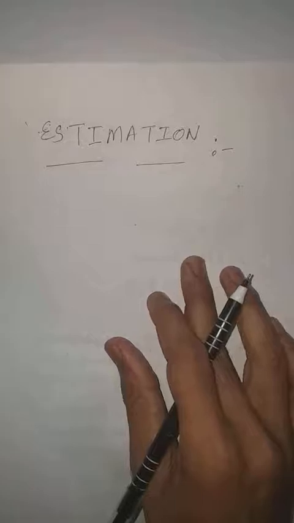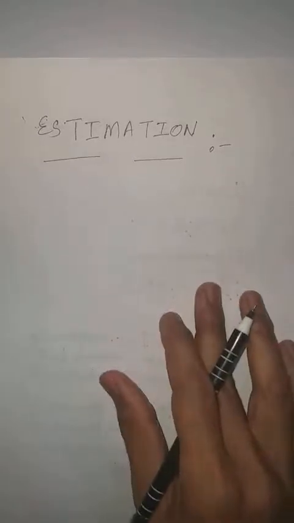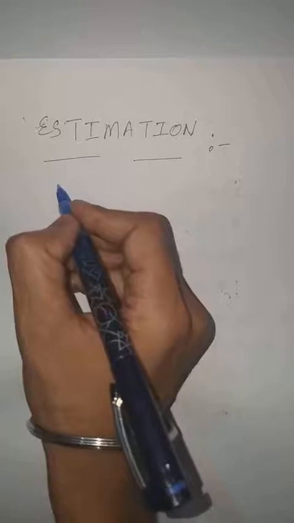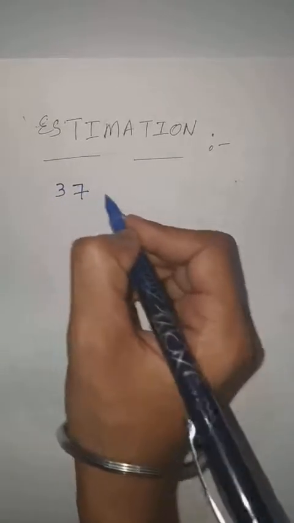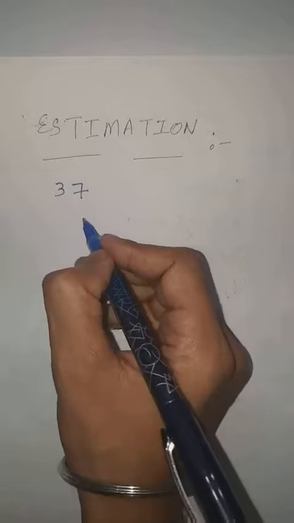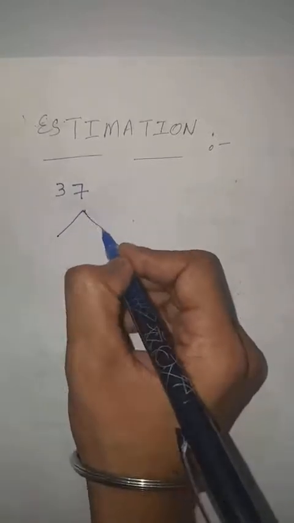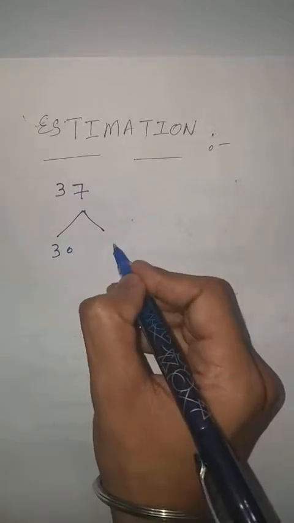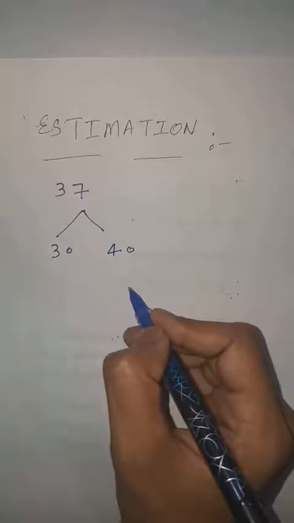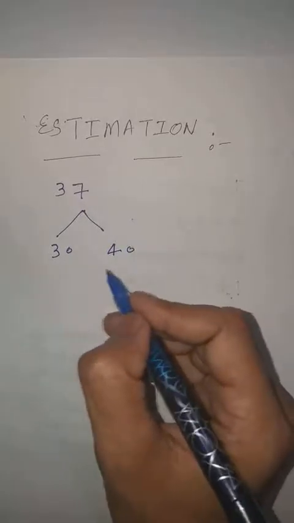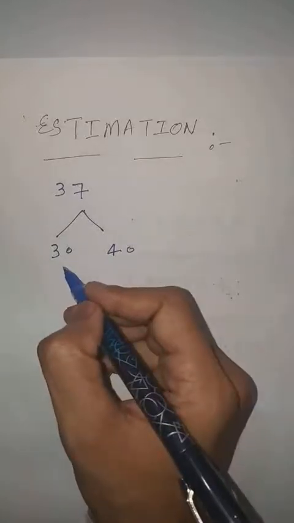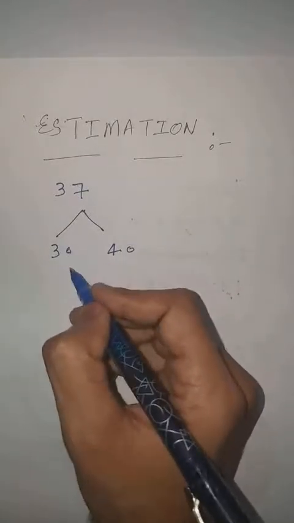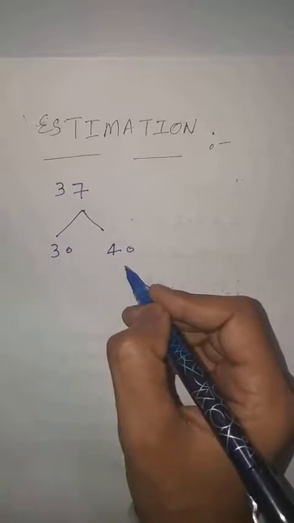So in estimation, what is the concept of estimation? Now we take a number, that is 37. You can take any number. So you know that 37 is near about 30 as well as 40. So one question will come to your mind: what is correct? That is, will you write the estimation of 37 as 30, or the estimation of 37 as 40?